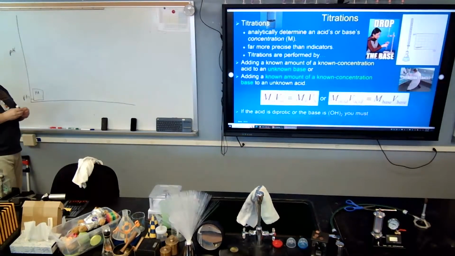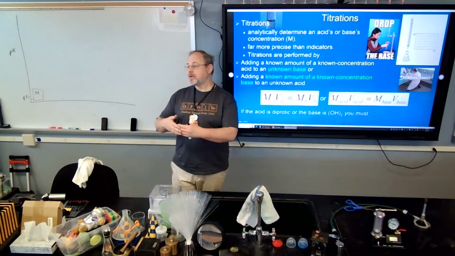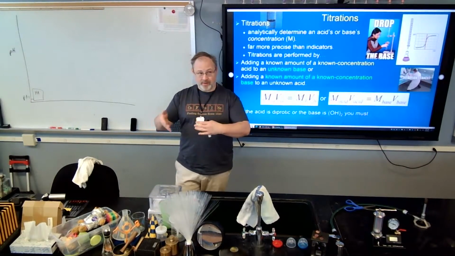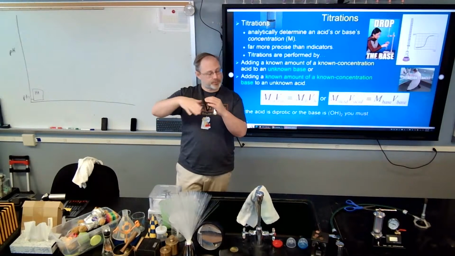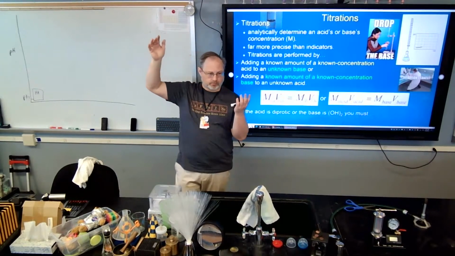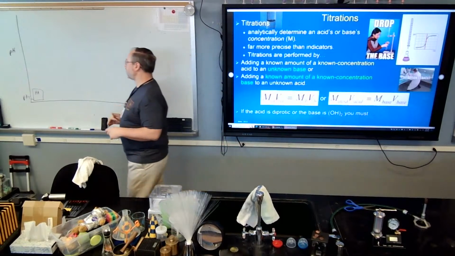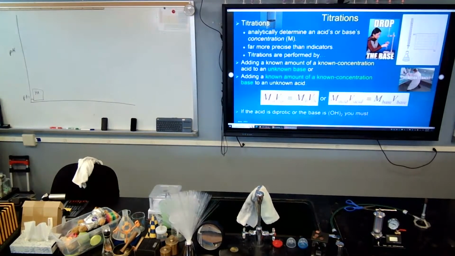Now, if you have a strong acid and a strong base, diluting your solution by 10 brings the pH up by 1. Diluting it again by 10, bring the pH up another by 1. So 10, 100, 1,000, and so on. But with a weak acid, it's a little bit different, as we found out yesterday. When you dilute something by 10, it doesn't necessarily go up by a full pH point. It's a logarithmic scale, and it's just different for weak acids.